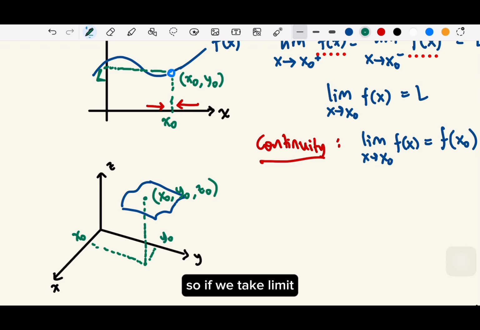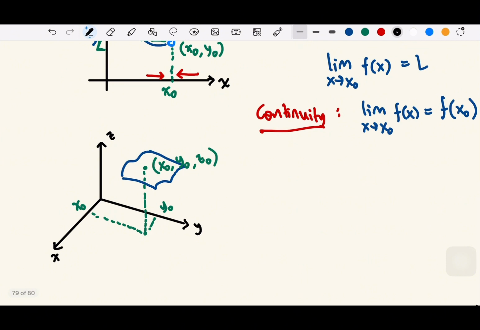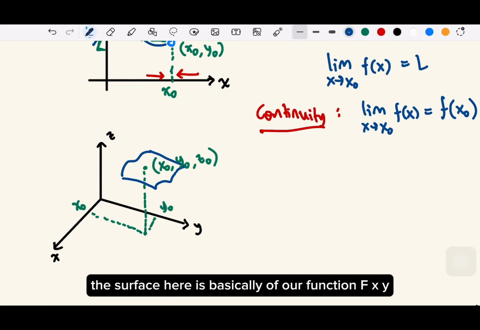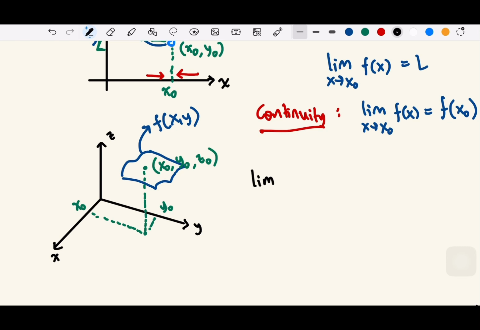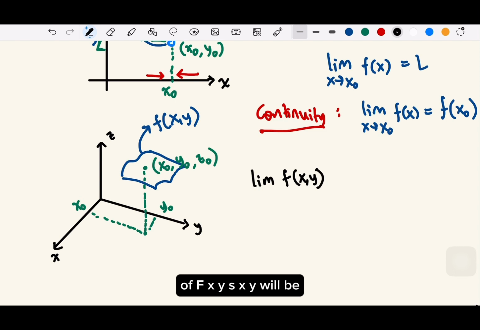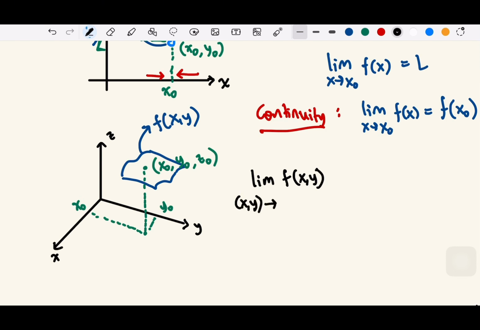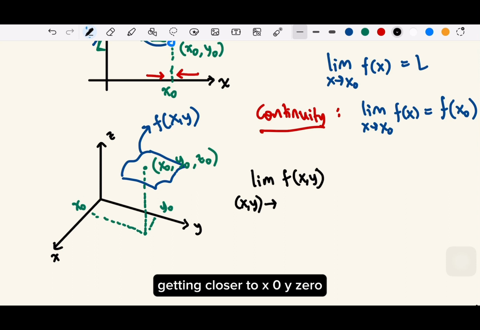So if we take the limit, let's say the surface here is basically our function f(x,y). Let's say we are taking the limit of f(x,y) as (x,y) gets closer to (x0, y0).